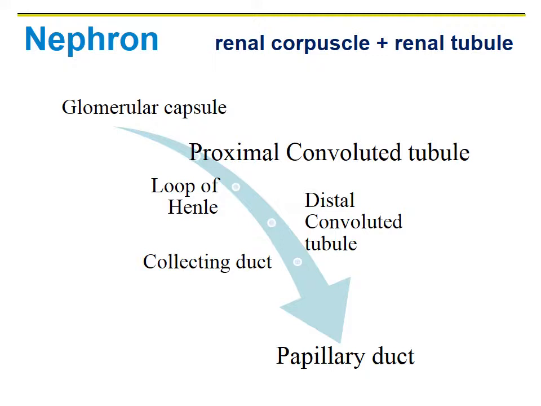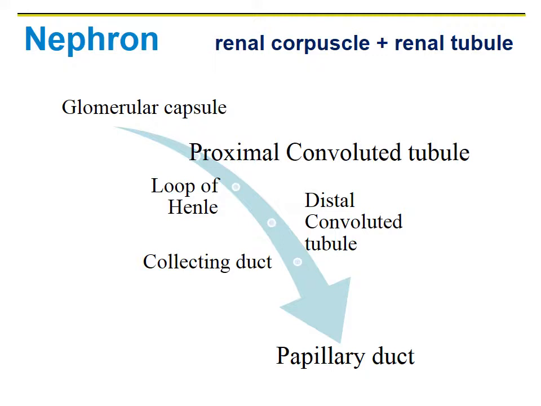The functional and structural unit of the kidney is called the nephron. It consists of several parts. 1. The renal corpuscle. It contains a capillary called the glomerulus, as well as the first nephron structure that's wrapped around it. That is called the glomerular capsule. Renal tubule.